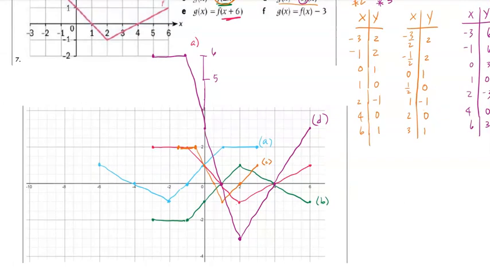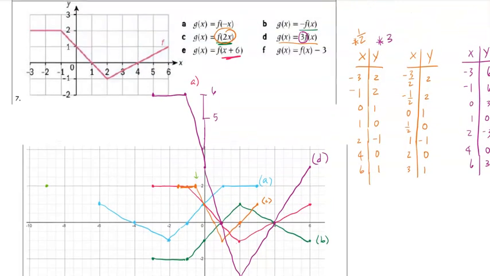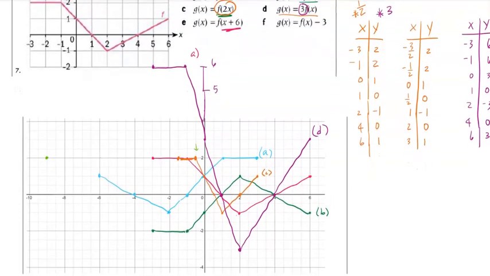So that point is going to move left 6: 1, 2, 3, 4, 5, 6. And then that point right there, I'm going to move it left 6. Was it that point? Where was it? -1. Okay, -1. And then 1, 2, 3, 4, 5, 6. There's my horizontal line.